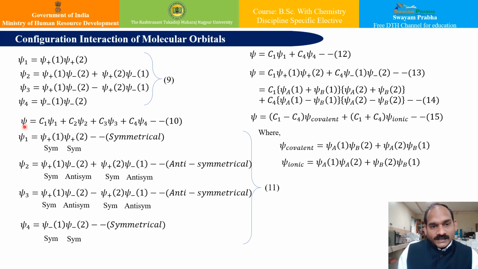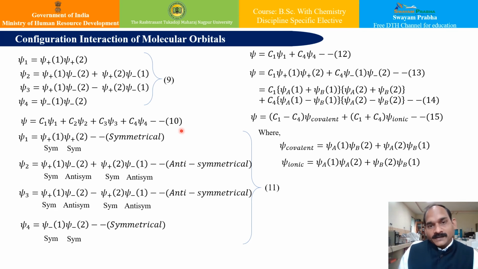Now, equation number 10 can be simplified using symmetry arguments. What kind of symmetry arguments do we have to use? Only those configurations will mix which have the same symmetry with respect to the exchange of the two protons. We know that the bonding molecular orbital and anti-bonding molecular orbital are symmetrical and anti-symmetrical wave functions respectively.